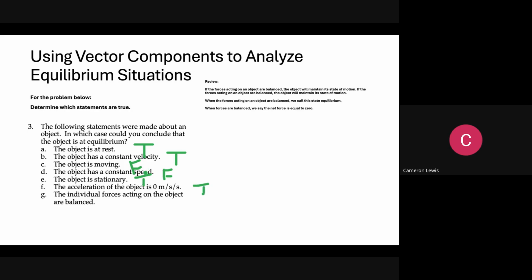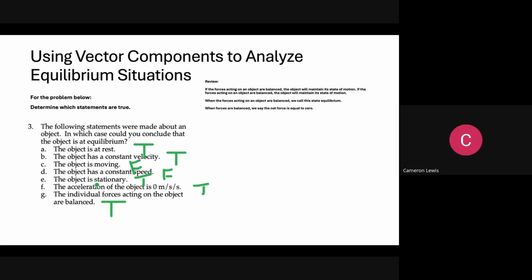The individual forces acting on the object are balanced. Is the object at equilibrium? Not necessarily. Wait, the other one said equal. Here it says balanced. Okay, if equal, then yes, balanced would be equilibrium. I think that's true. Any objections? G is true.